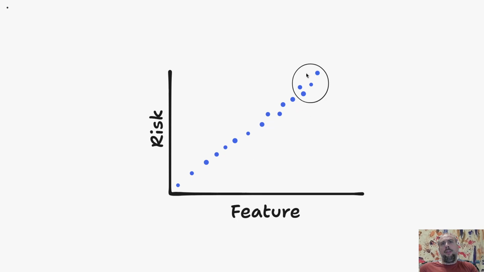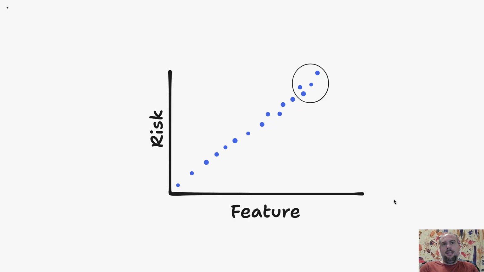But when you only look at high feature values or low feature values, you now have very similar feature values, and you're going to have very similar risk values. And your C-index for this test fold will be very low. And that's not specific to C-index. That happens anytime you have a correlation and you reduce the size of one of your axes.